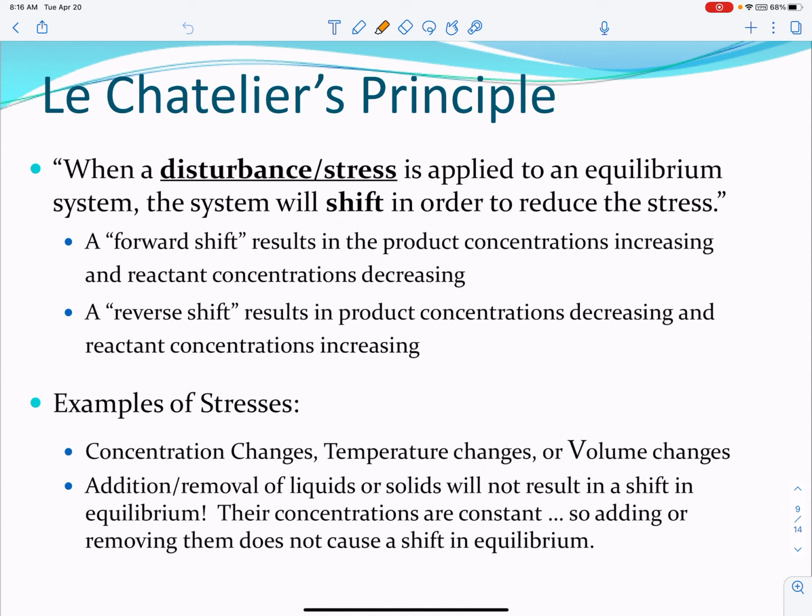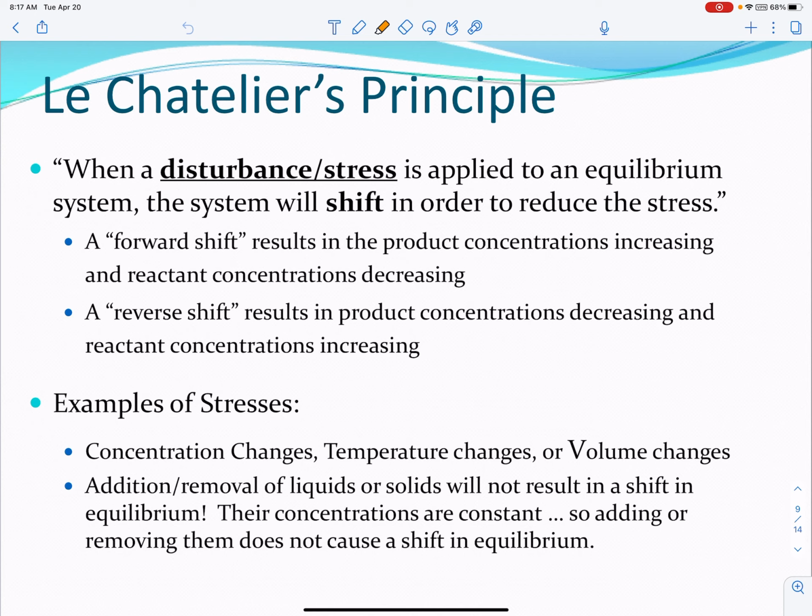Now keep in mind that when we say it shifts forwards, if a reaction shifts forwards, then everything on the left side of that equation would decrease in amount. So you'd have less grams or less moles of anything on the left side of the equation if it's shifting forwards. If it's shifting forwards, anything on the right side of the equation will increase.